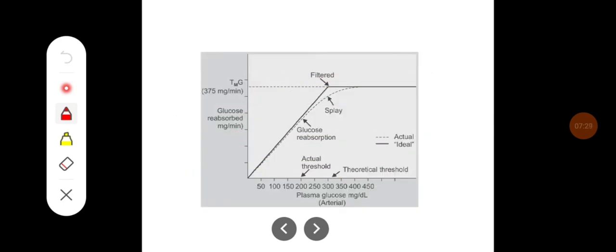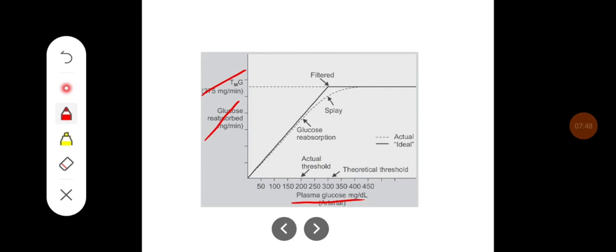And this is a diagram showing the plasma glucose levels and glucose reabsorbed. As and when plasma glucose level increases, the reabsorption is also going to increase, but at TMG maximum, the glucose starts appearing in the urine.